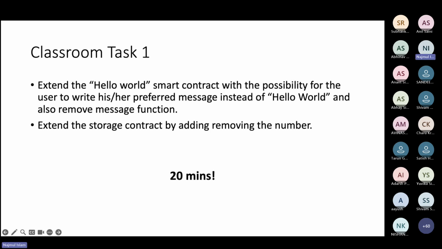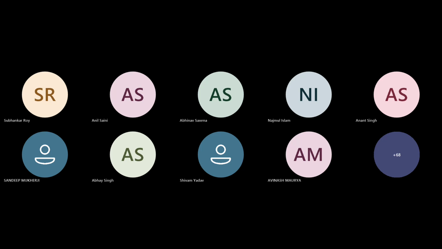So the next task is this. Can you see the next task? This is classroom task 1. There are 2 subtasks basically. But can you see my screen by the way? Can you confirm?